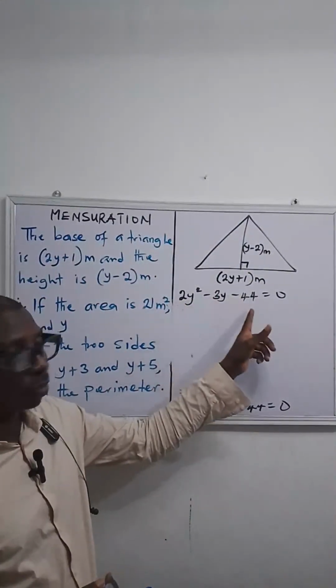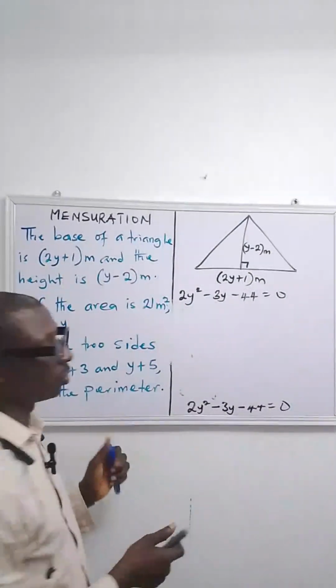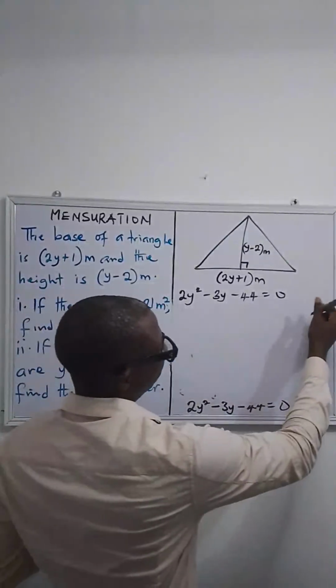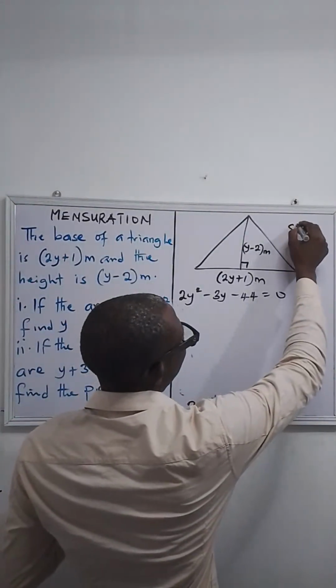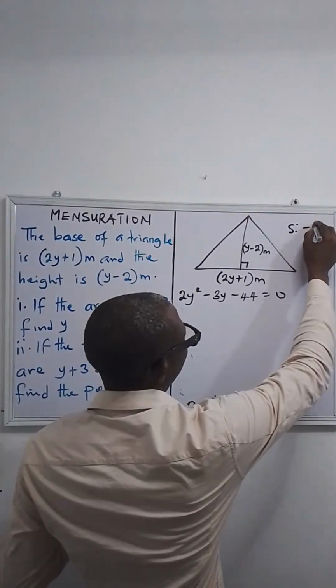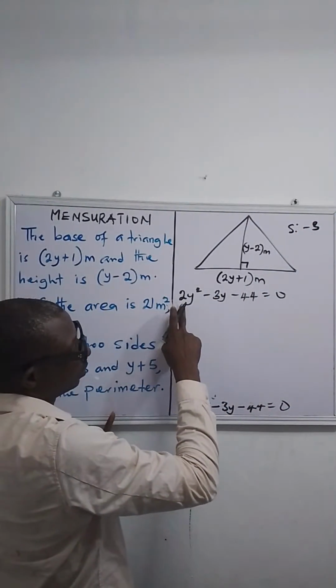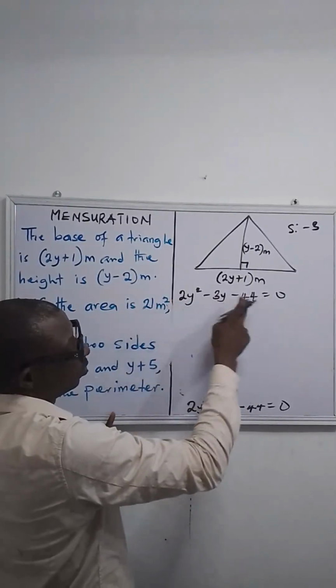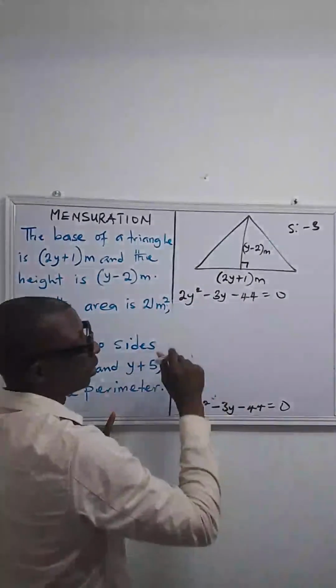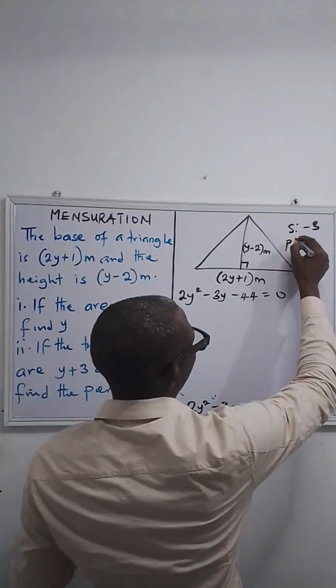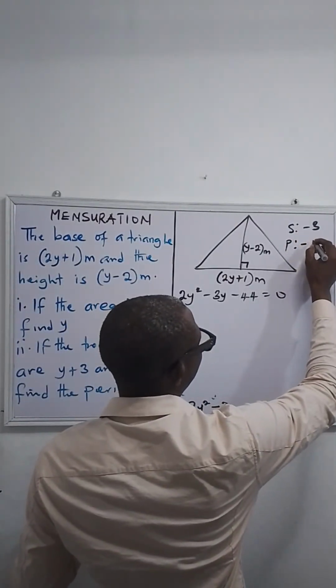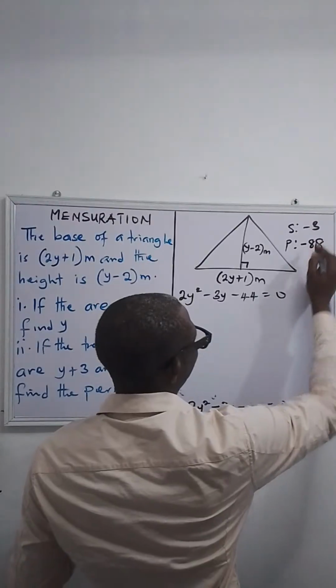Now you identify your sum and product. Your sum is the coefficient of y, that is negative 3. And your product is the multiplication: you multiply 2 by negative 44. So the product is going to give you negative 88.